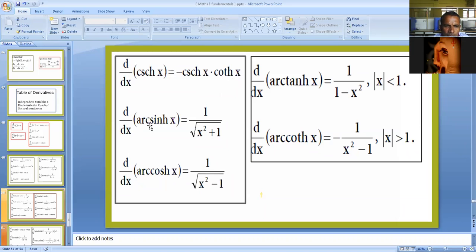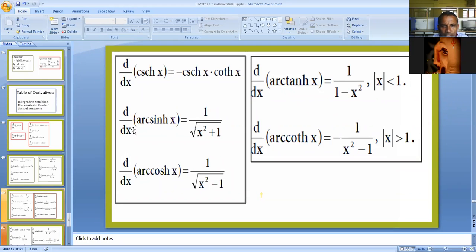Now then, d by dx of sine hyperbolic inverse of x is 1 upon root of x square plus 1. And that sine hyperbolic inverse of x can be written in the form of log. How will we write sine hyperbolic inverse of x in log? Log of x plus root of x square plus 1, that is the formula. And you will study that formula in the topic of hyperbolic function, formulae for hyperbolic inverse.